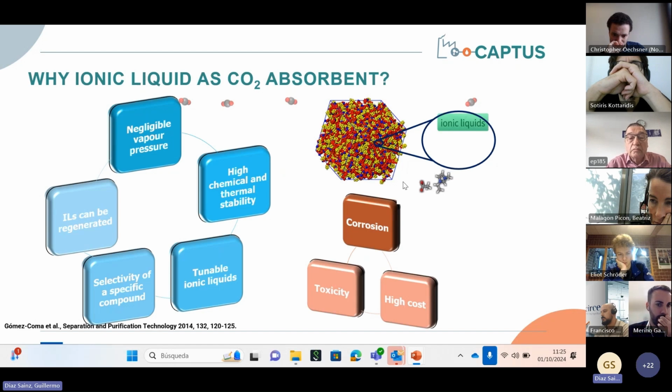However, some of the drawbacks of these ionic liquids are corrosion, toxicity, and high cost. We also have to develop some ionic liquids that can be effective for CO2 capture.